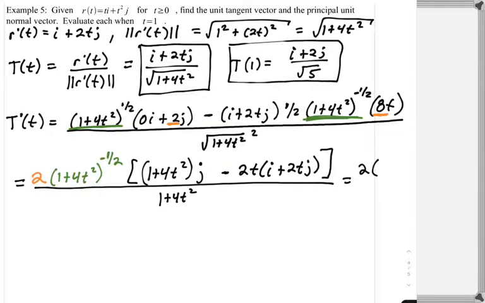Simplifying this further, this is going to be 2 times (negative 2t i plus j), all over (1 plus 4t squared) to the 3/2.